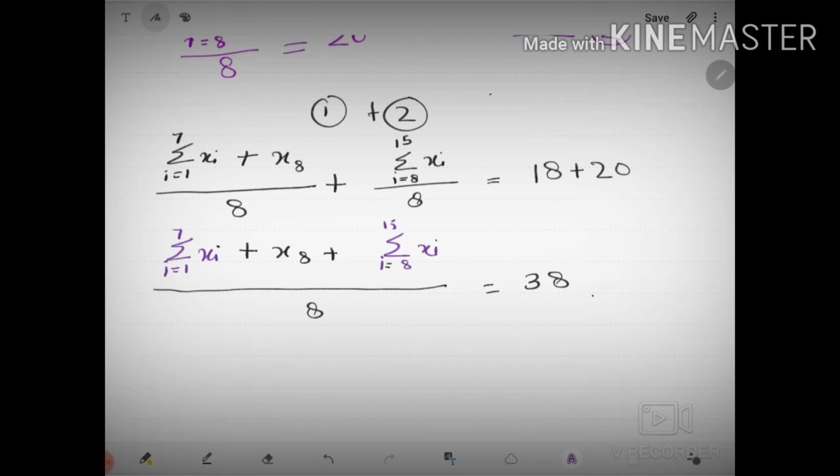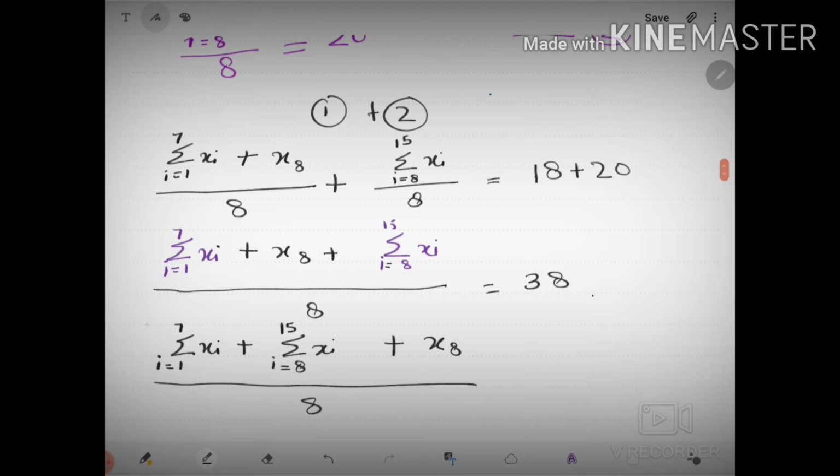So I will be combining them together as sigma xi, i equals 1 to 7, plus sigma xi, i equals 8 to 15, plus x8 separately, divided by 8.